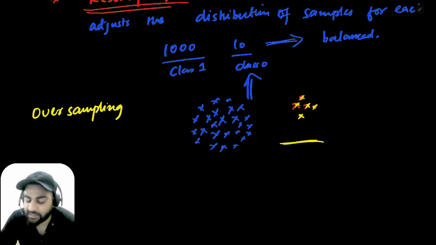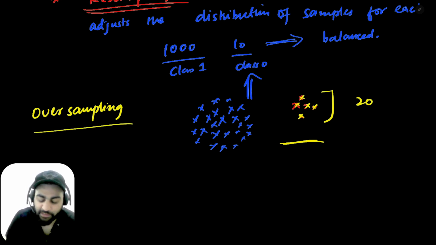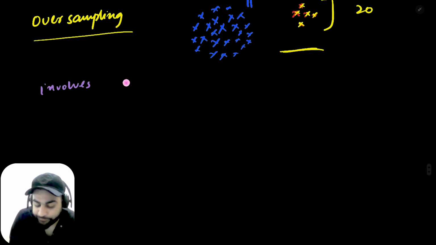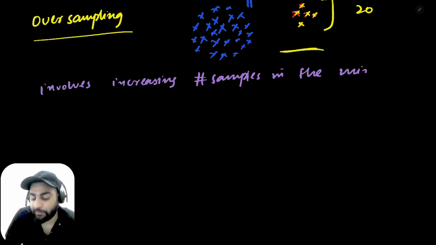For example, let's suppose we have 10 samples over here. We'll make it 20. Why? We'll count each sample 2 times. Now we are showing the same sample again and again to the model. This is the meaning of oversampling. Just to write the definition, it involves increasing the number of samples in the minority class.